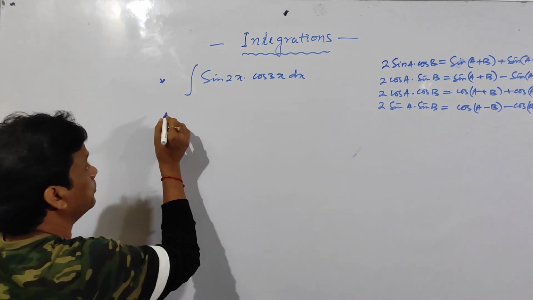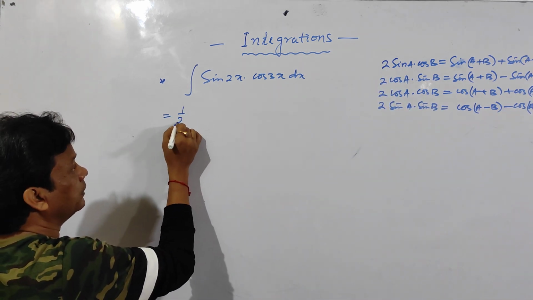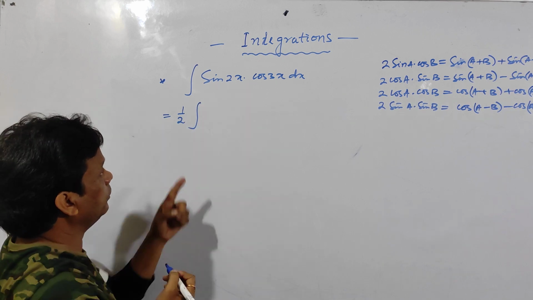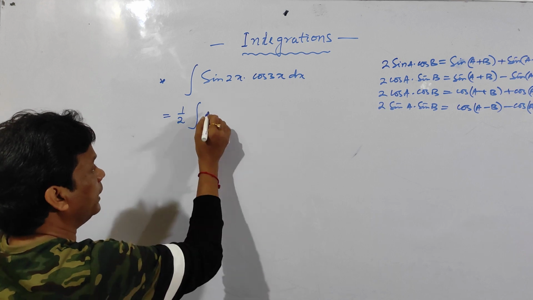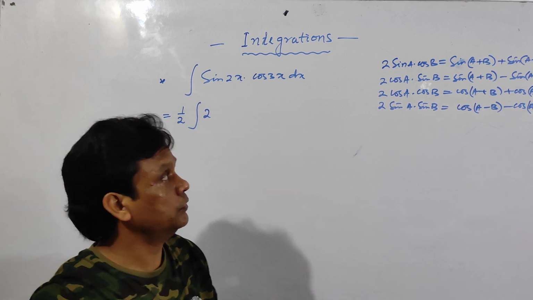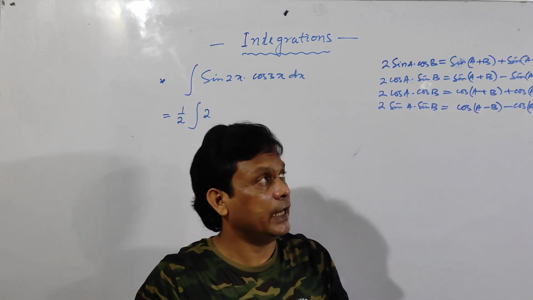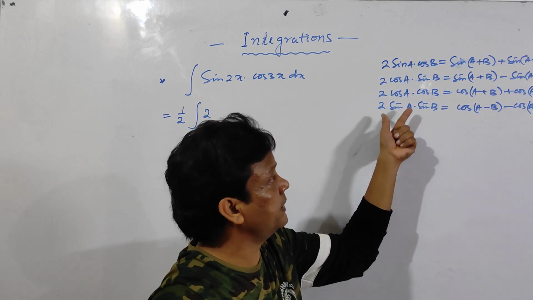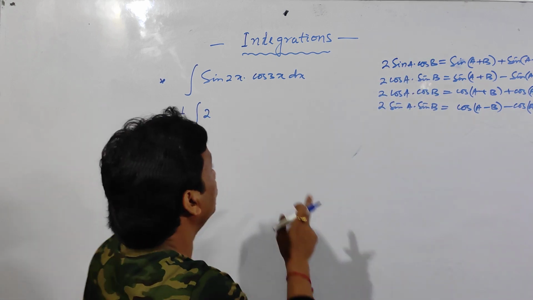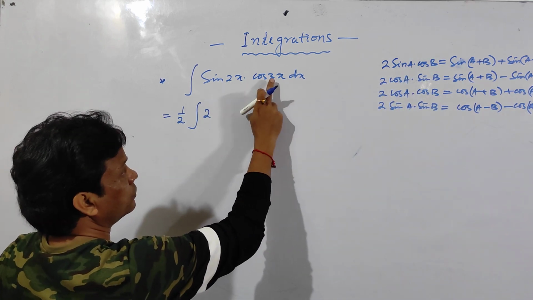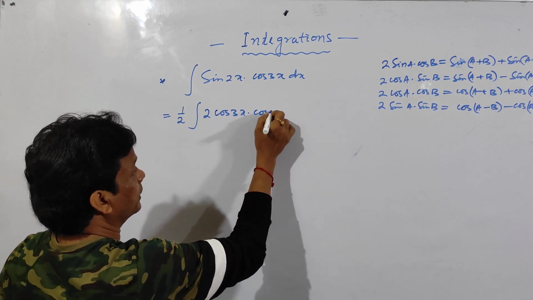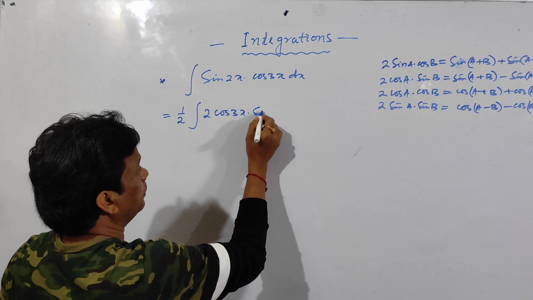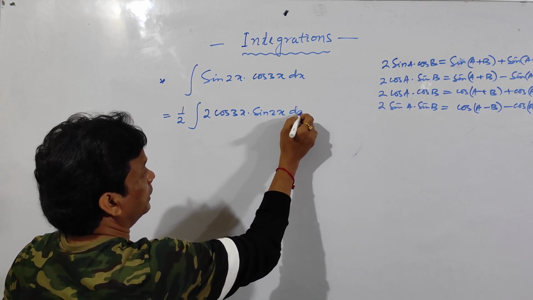So in this case, multiply 1 by 2 outside and 2 inside. That will divide by 2 and multiply by 2 inside. And while multiplying, I have told you, take the larger angle as A and you should write that function first and the other function second. So this one is 3x, this one is 2x. So write cos 3x first into sin 2x into dx.